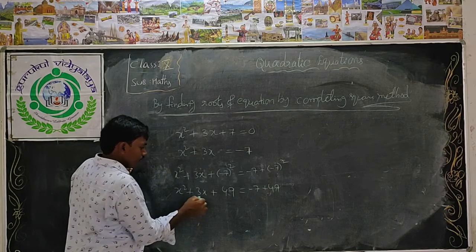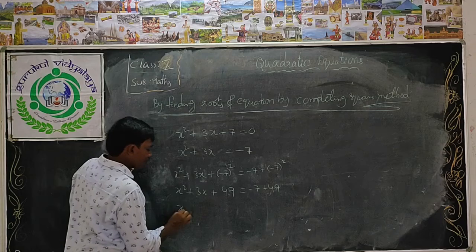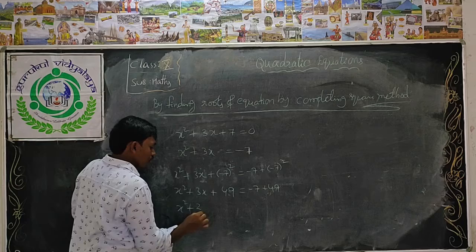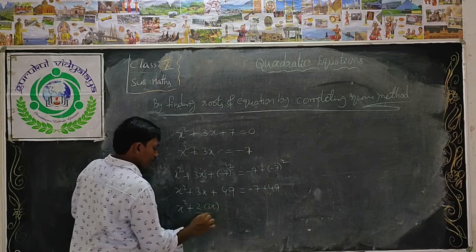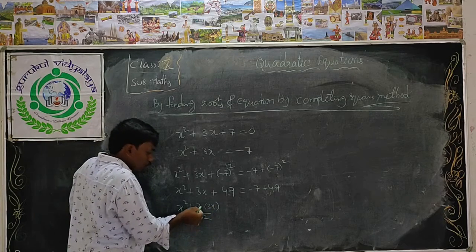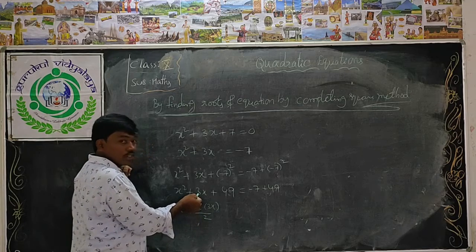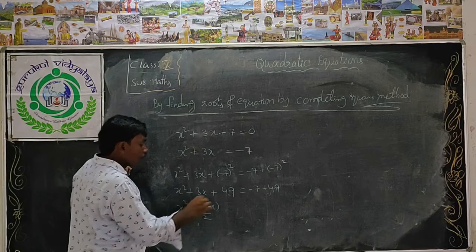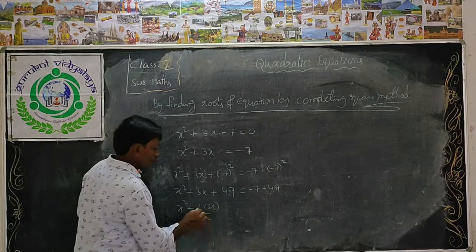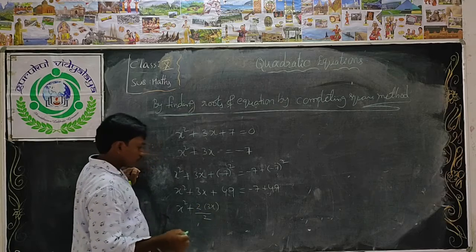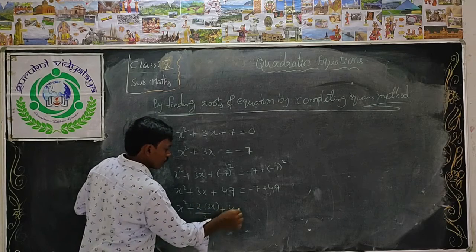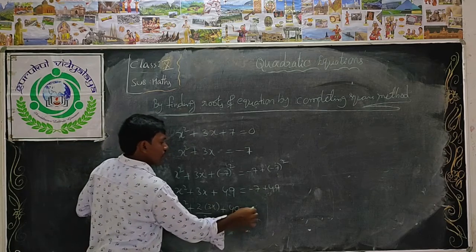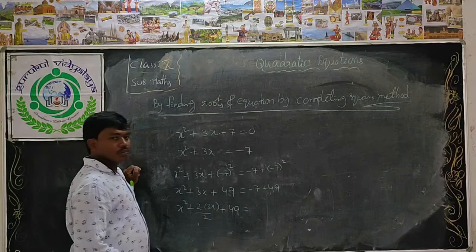Again this one, x square plus 3x: multiply with 2 and divide with 2, the 2 will be cancelled, because I will change it as 2ab, plus 49. Minus 7 plus 49, subtracting 7 from 49, is 42.